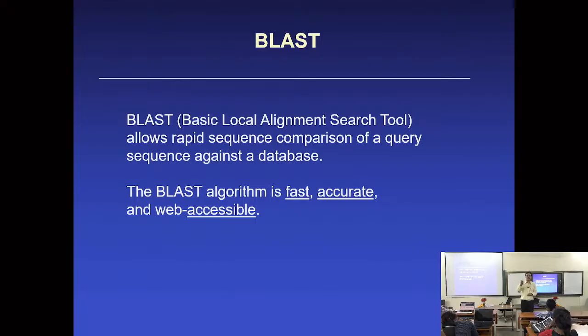You can check the BLAST citation. It is one of the most used algorithms in biology. BLAST allows rapid sequence comparison of a query against a database. It is fast, accurate, and web friendly.